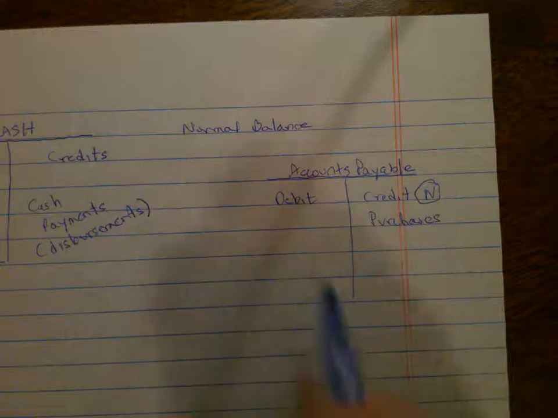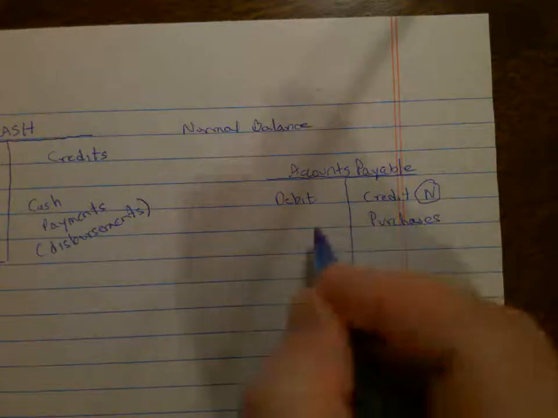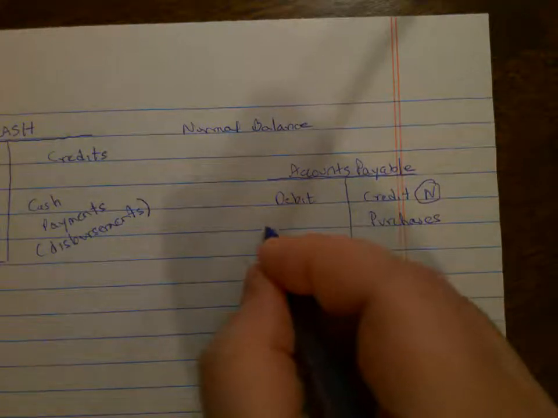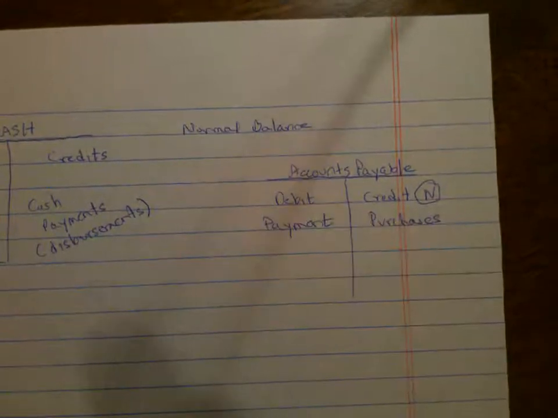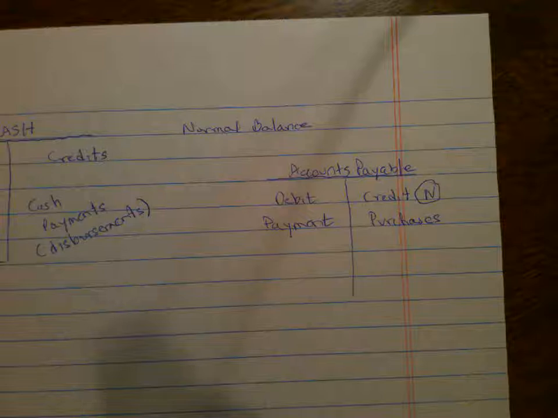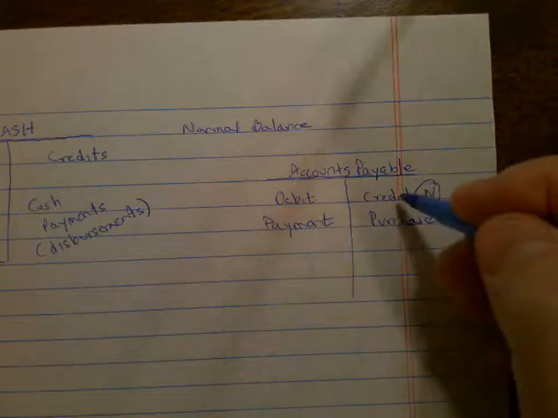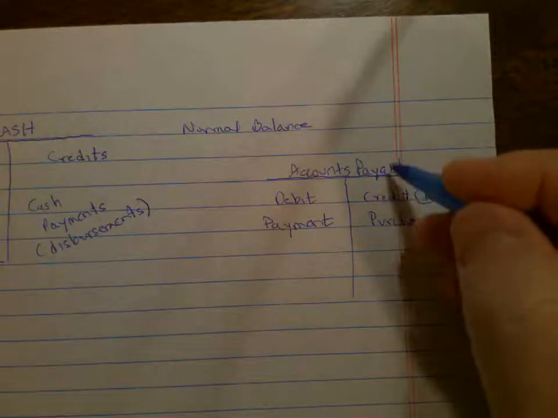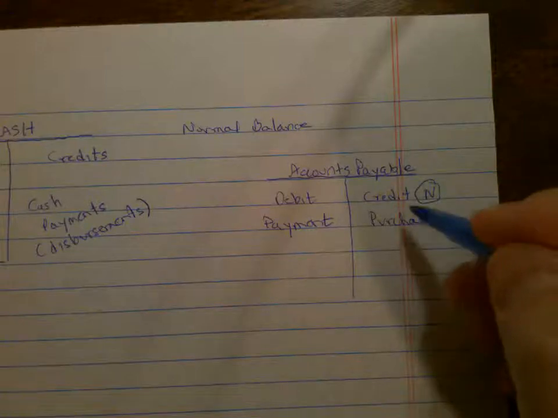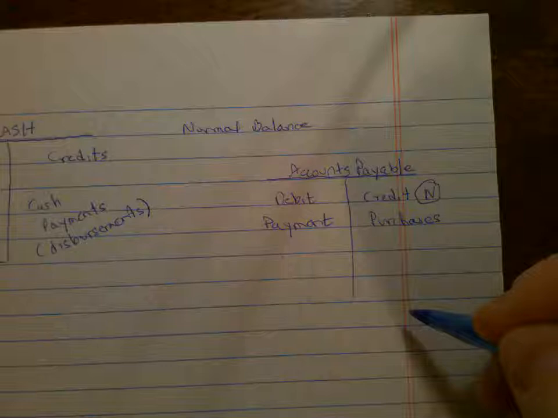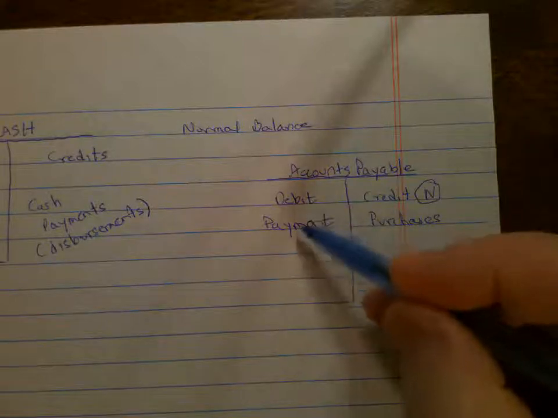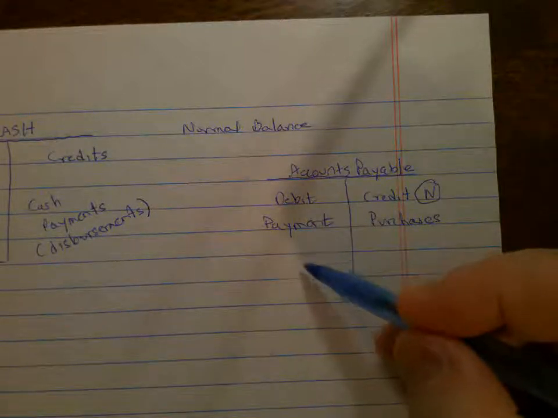When we make the payment, when we actually disperse the funds, the payment side would show up here. Okay? And why is that? Because the credit side increases the account balance for accounts payable. So as we purchase more things on account, the balance goes up. As we make payments to our vendors, the balance goes down.